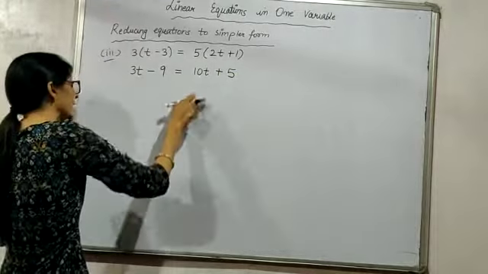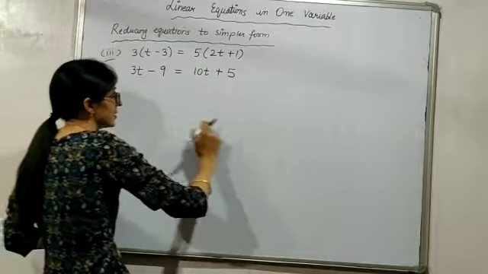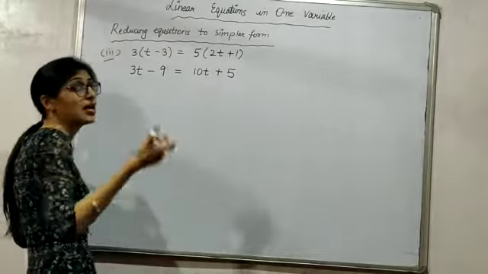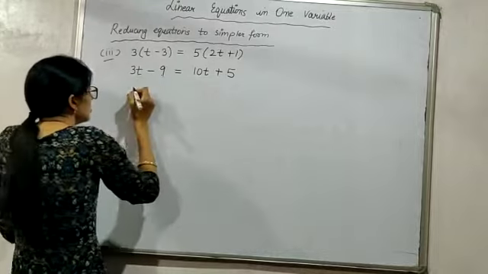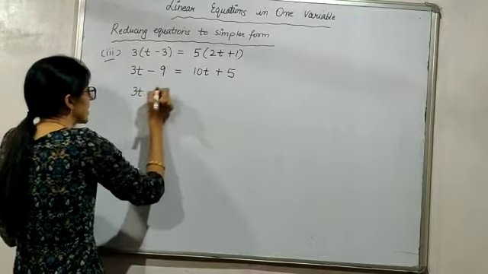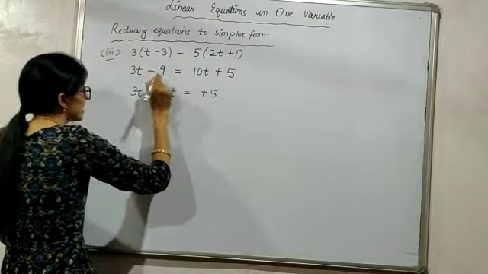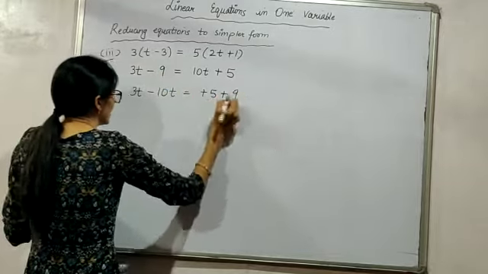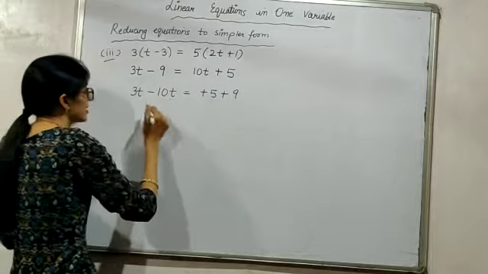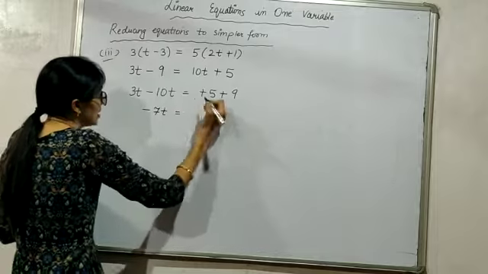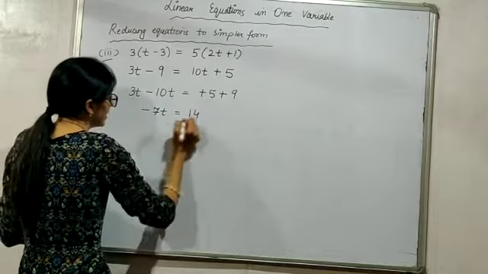Again, take the variables to one side, take the constants to the other side and change their signs as they are changing their places. So 3t plus 10t becomes minus 10t, plus 5 minus 9 becomes plus 9. So 3t minus 10t is minus 7t. 9 plus 5, 14.